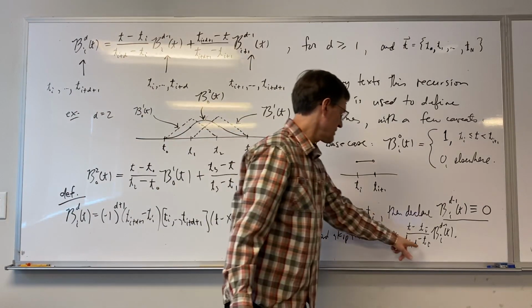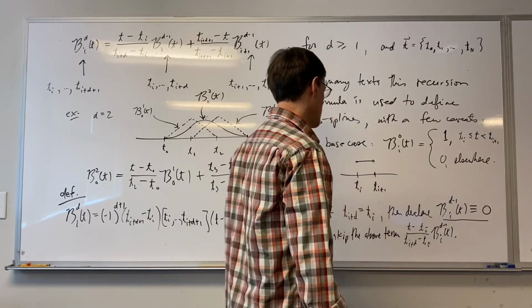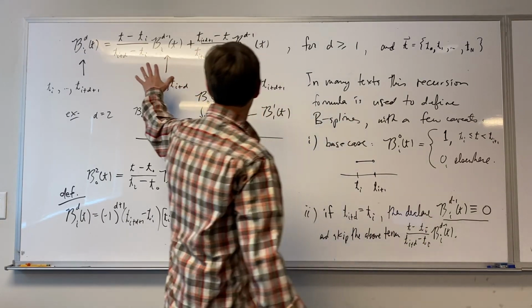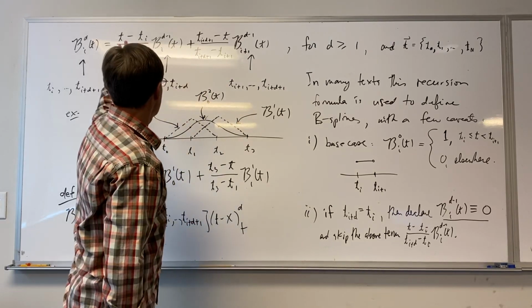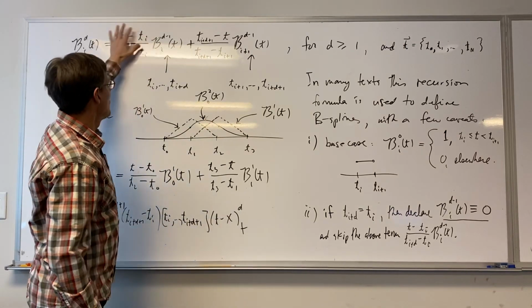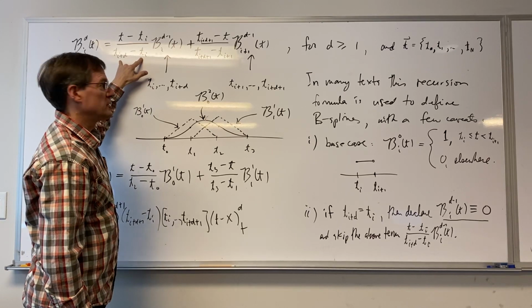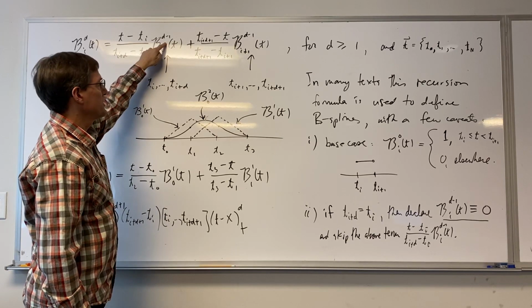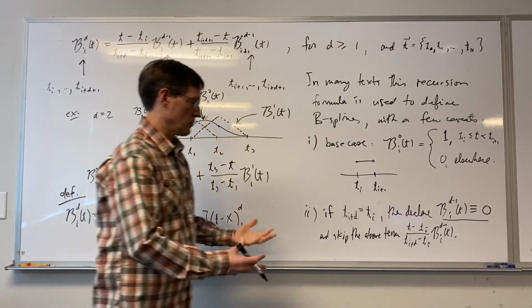So then the only other thing is that when we talk about the recursion, we only talk about adding up sums of B-splines when a B-spline is non-zero. So we don't actually attempt to compute this quotient, or this rational function here with the denominator that would turn out to be 0. In that case, we already know that this B-spline is 0, and we don't compute this value, and then all the recursion works out perfectly.